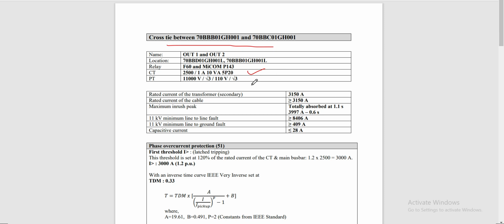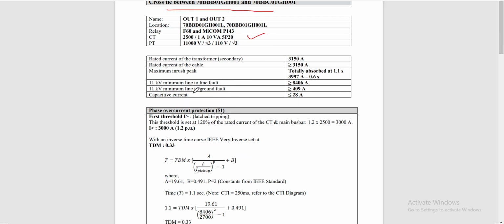Our PT ratio is 11,000 to 110 volts. Our 11 kV minimum line-to-line fault is 8,406 ampere. Our 11 kV minimum line-to-ground fault is 409 ampere.